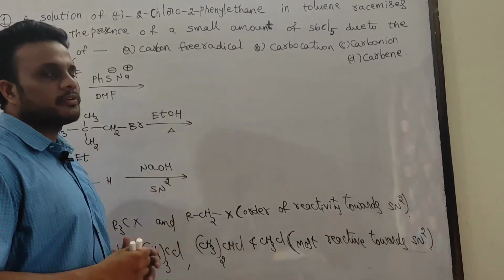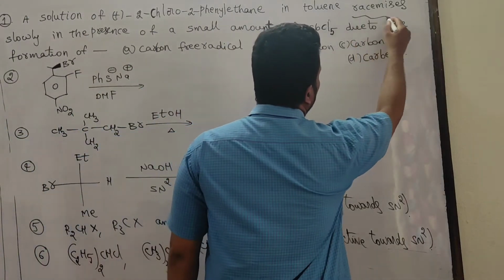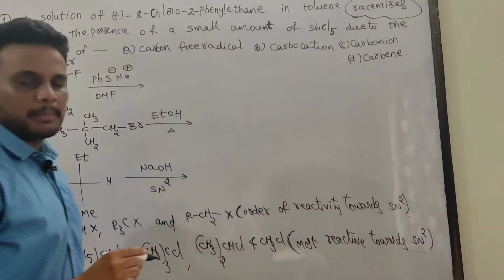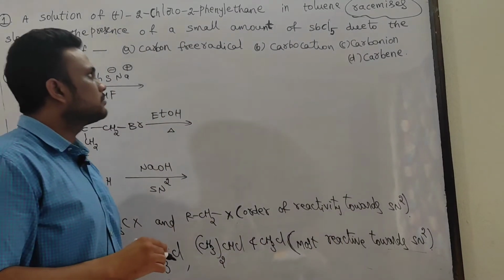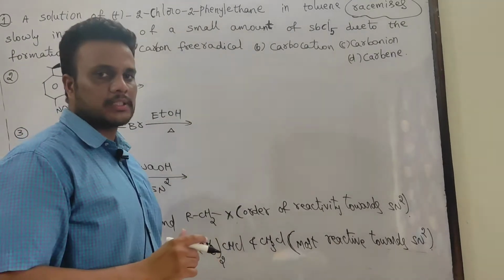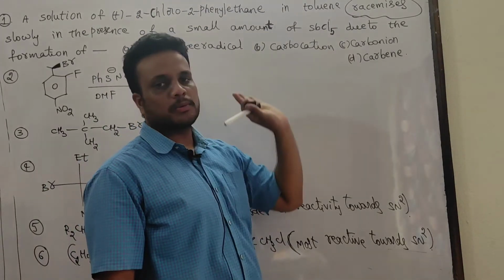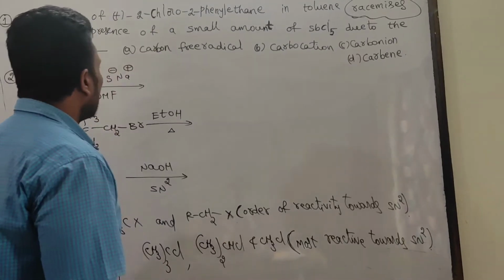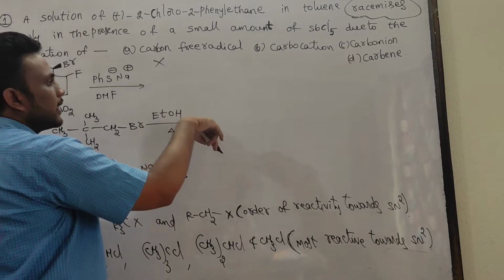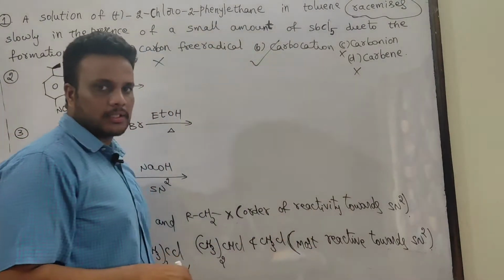So as per the given information, it is clear that since it racemizes, the mechanism should be SN1. It is a secondary haloalkane, and secondary haloalkanes undergo both SN1 and SN2. But as per the given information, racemization means it should be SN1, and in SN1 there is no carbon free radical. Carbocation is the intermediate, and these are incorrect options.